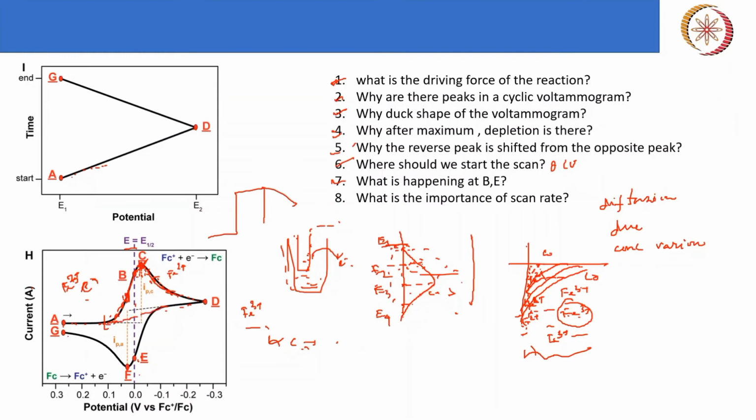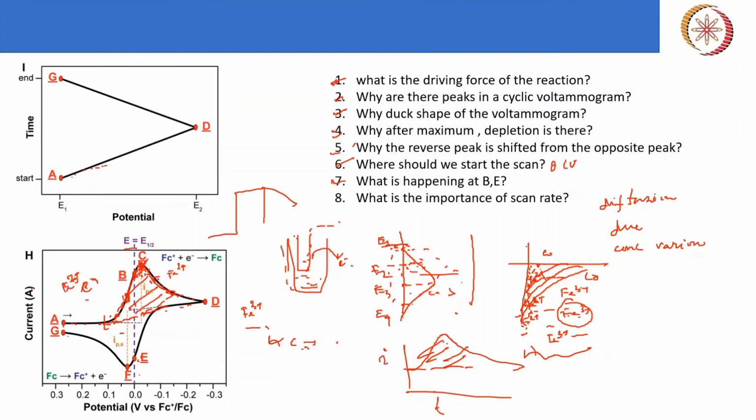Now the question: from the area of this cyclic voltammogram, what kind of information can we get? If you measure current as a function of time, you get a plot like this.